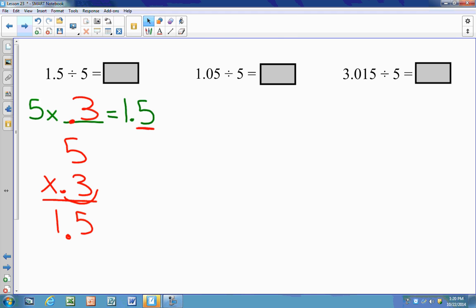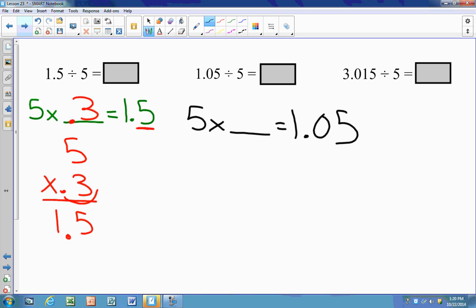When I look over at this middle problem, this is where things start to change. So I ask 5 times what number equals 1 5/100ths. And this time I ask myself 5 times what equals 1, and there's nothing there. So I then ask 5 times 10 equals what? And 5 times 2 equals 10.